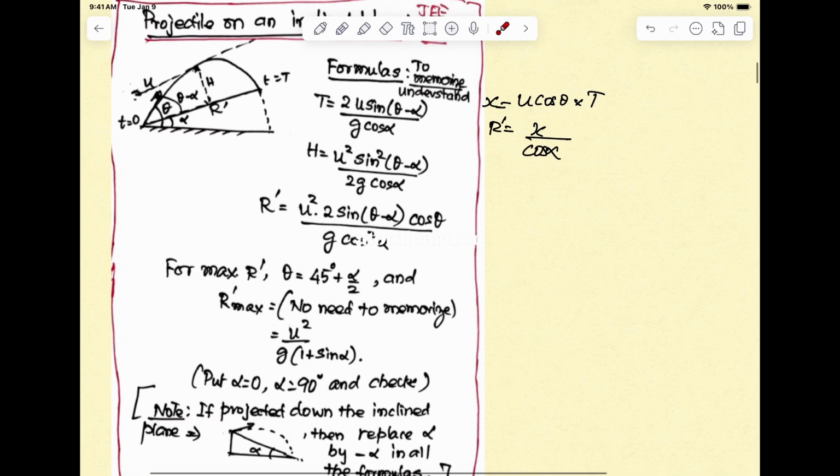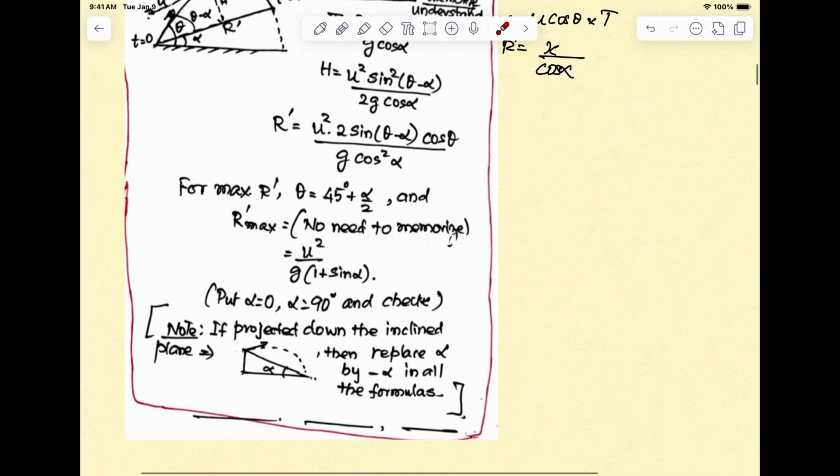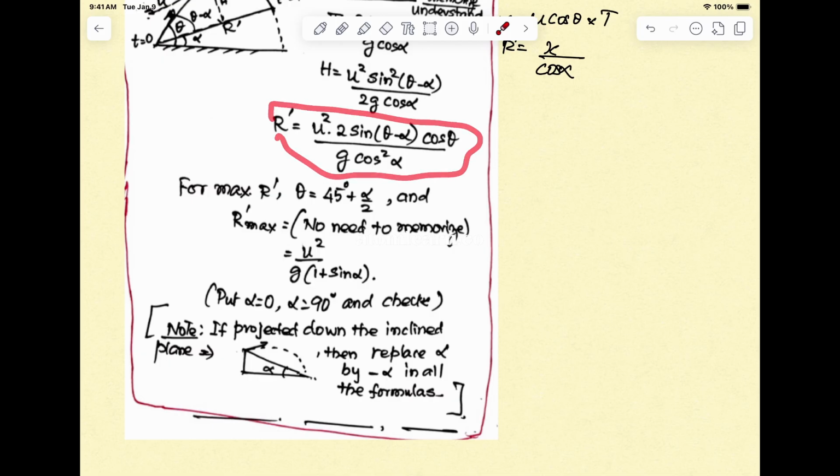I just repeat: for maximum r dash, theta is 45 plus half of the inclination of the inclined plane, that is, 45 plus alpha by 2. Putting this particular theta into the formula for r dash, you can arrive at r dash max also.